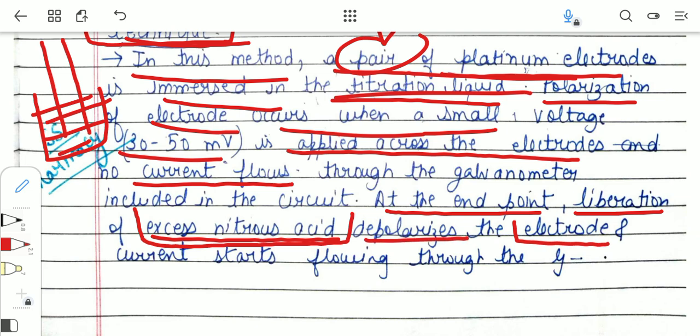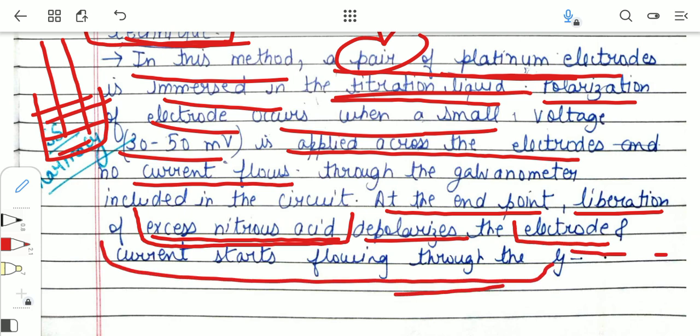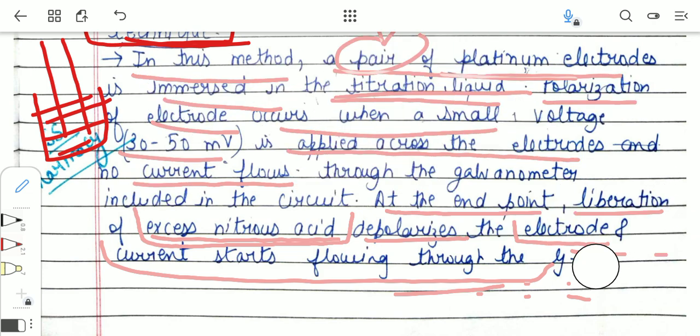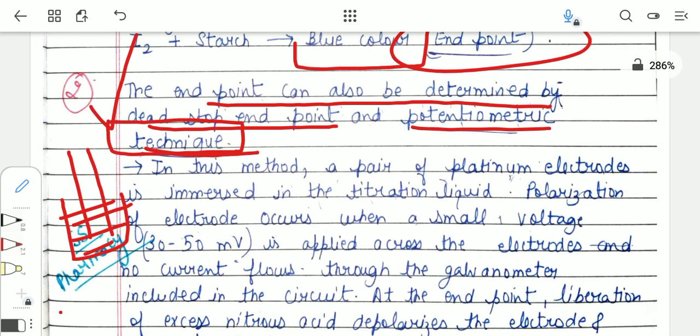The depolarization of the electrodes results in the flow of current, and when the current starts flowing there is a reading in the galvanometer, and that marks the endpoint. I hope this is clear to you. It is simple: we just have to see the flow of current through the galvanometer. This was the second way by which we can see the endpoint in our diazotization titrations.